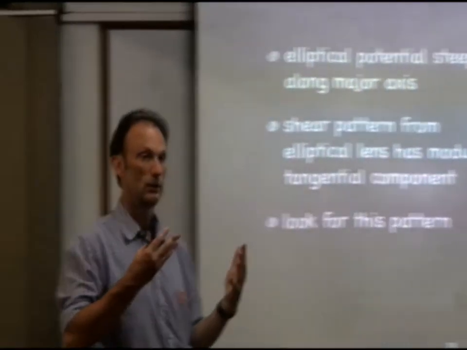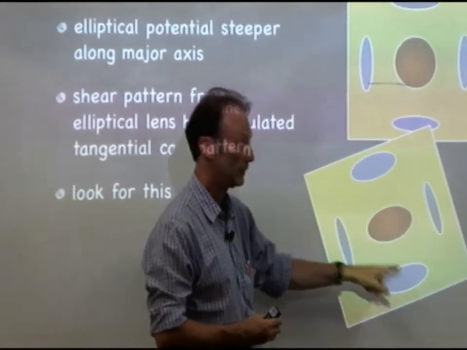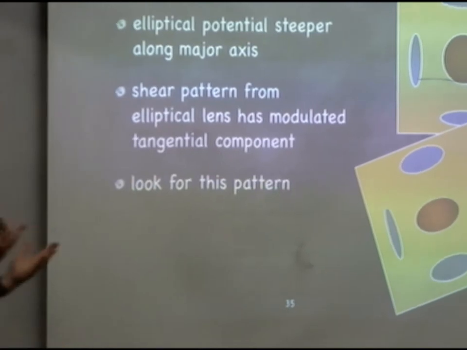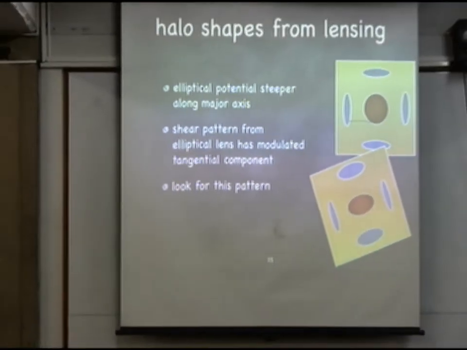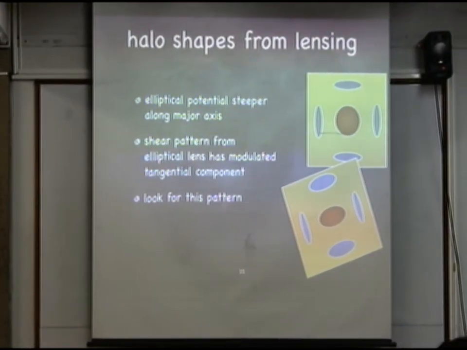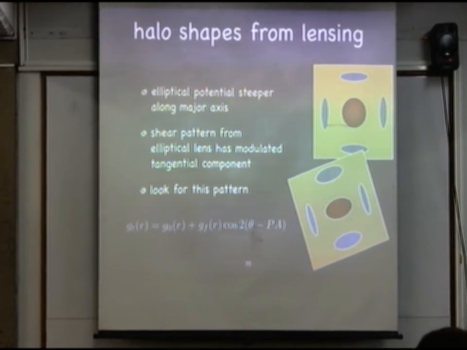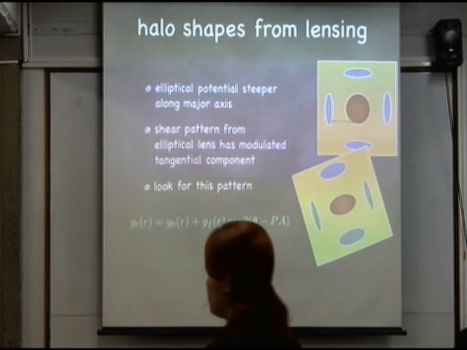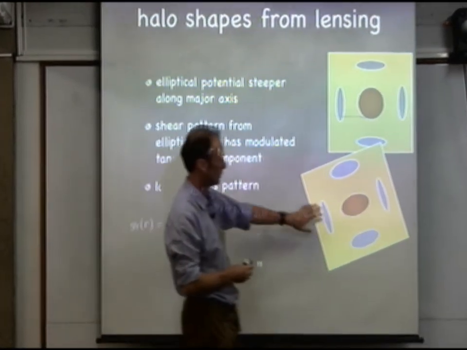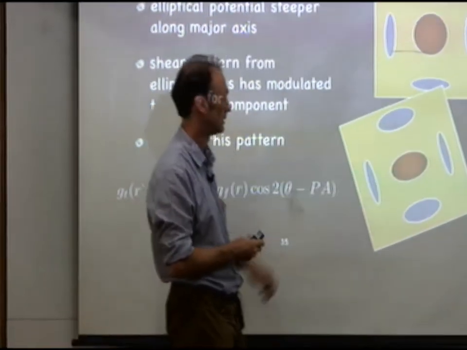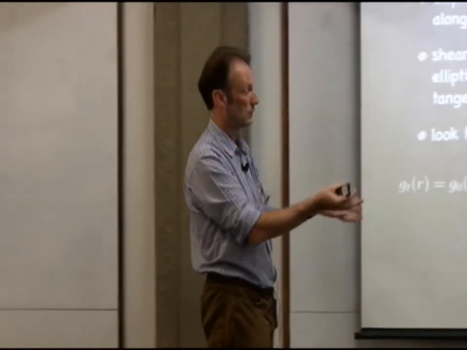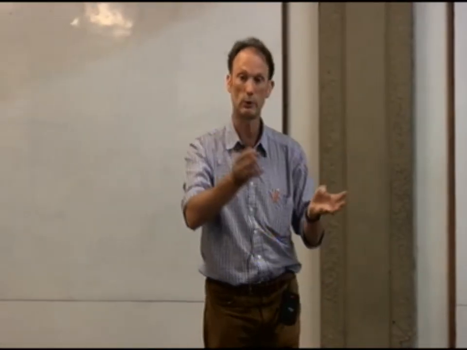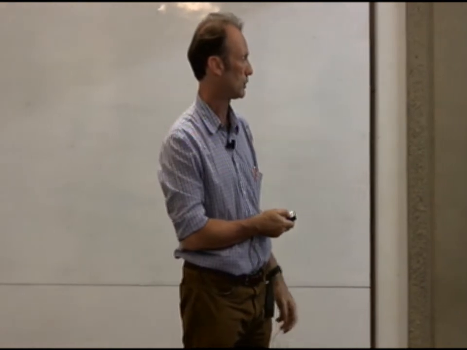So this is a modification of what's already a very subtle effect in the data. Right? If this is difficult to measure, this change is going to be even more difficult to measure. But nonetheless, if you have a big enough data set and good enough data, you can try to do this. So the idea is to look for this pattern here by stacking the galaxies not just by position, but also by orientation. So you stack all the galaxies in such a way that you line up all their major axes and try to look for this modulation, this slight asymmetry in the tangential shear pattern.